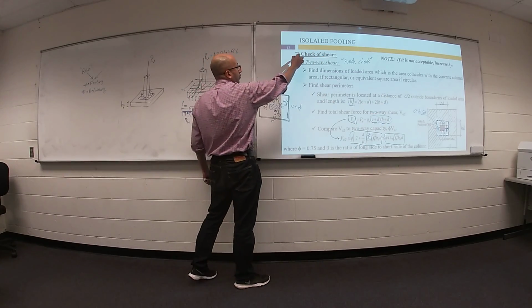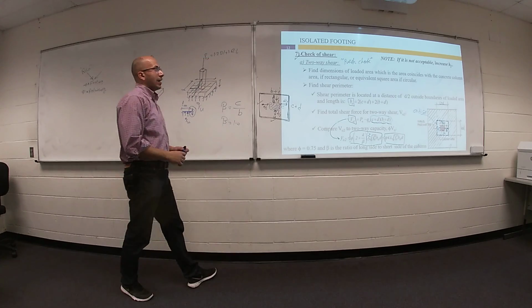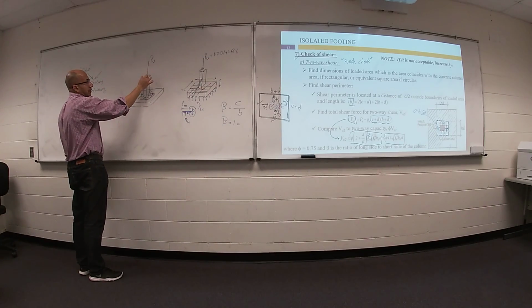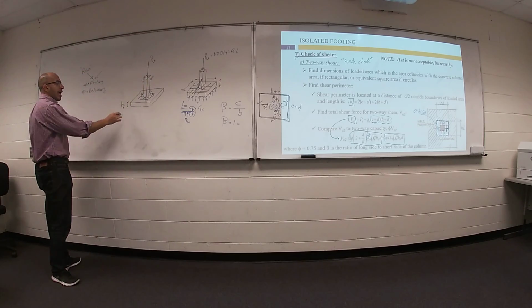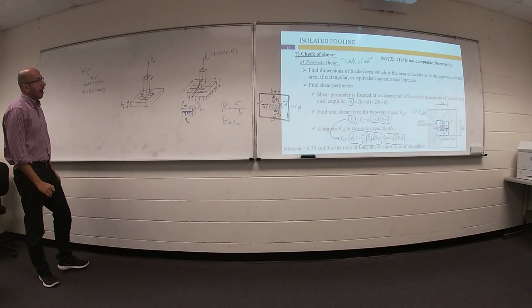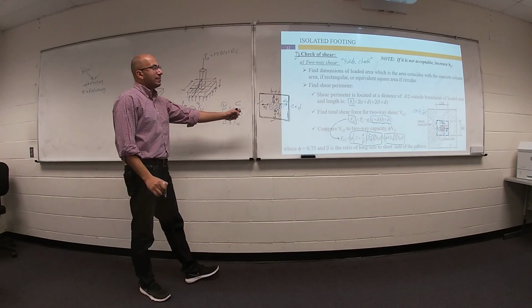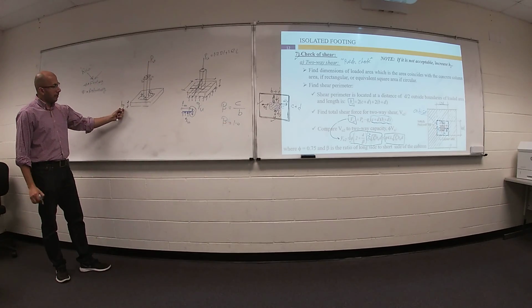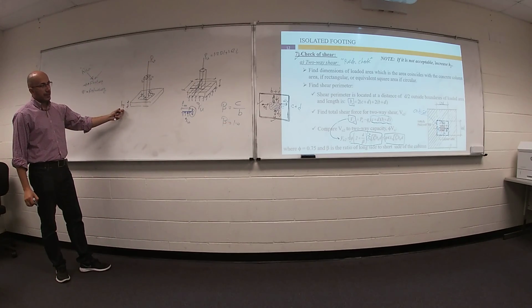So we have to check punch. But if you have a good column, not less than 10 inch by 10 inch, and good thickness of concrete for your footing, I can tell you the punch will be safe.